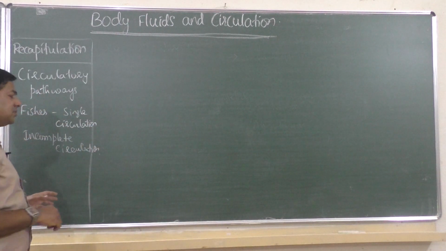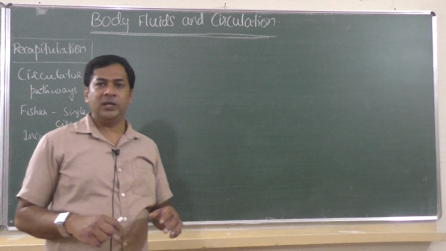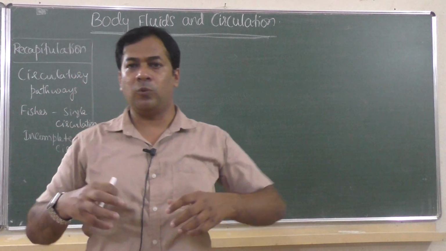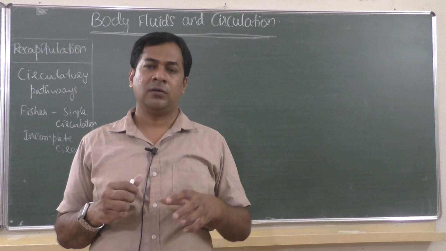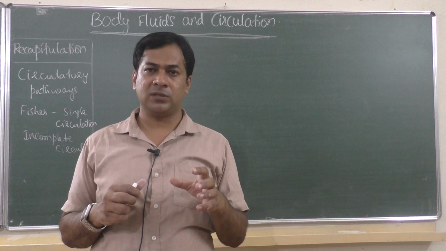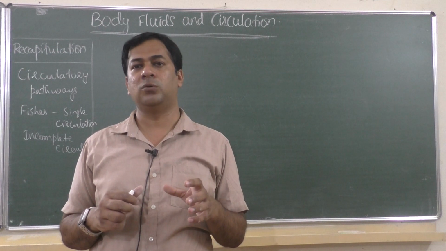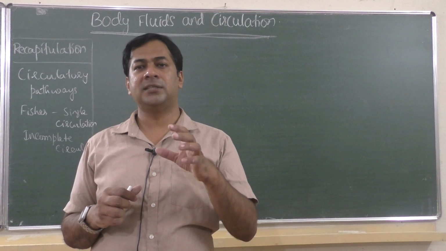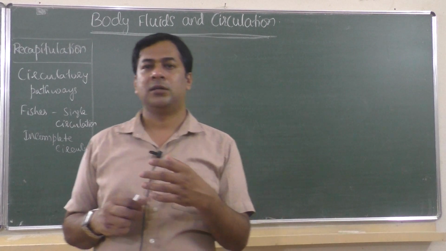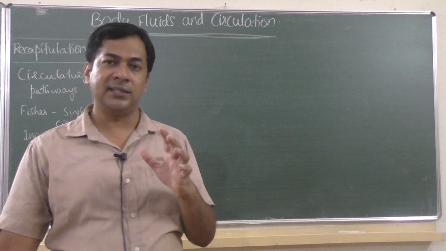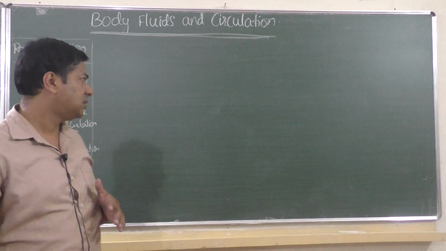Here in case of fishes, only deoxygenated blood comes to the heart. How does it get oxygenated? From the heart, carbon dioxide mixed blood, that is deoxygenated blood, goes to the gills, and the gills will oxygenate that blood. Means gills will provide oxygen to the blood, then oxygen mixed blood from the gills goes to all the body parts. That is what we have learnt.